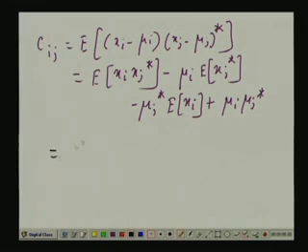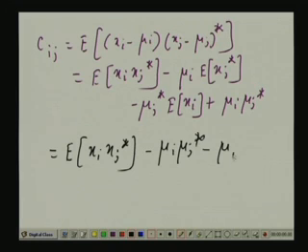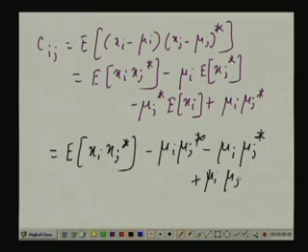So I will use this fact here and continue. This is as before E x i x j star. In fact, this is called the correlation, minus mu i, and we have seen a while back this is mu j star, and then minus mu j star mu i, plus again mu i mu j star.